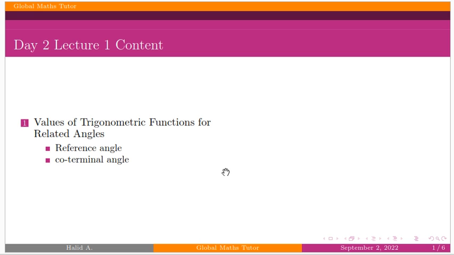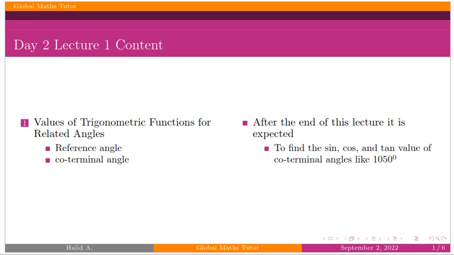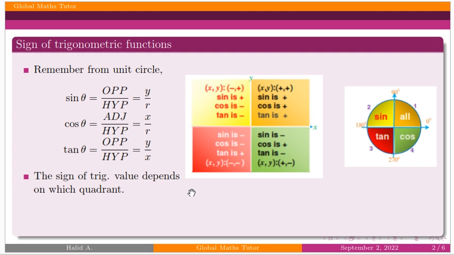So it's expected to find the sine, cos and tan values of coterminal angles like 1050 degrees, because till now we have seen only quadrantal angles and special angles like 30, 45 and 60 degrees. But for angles which are not acute and not quadrantal, we are going to see in this video.